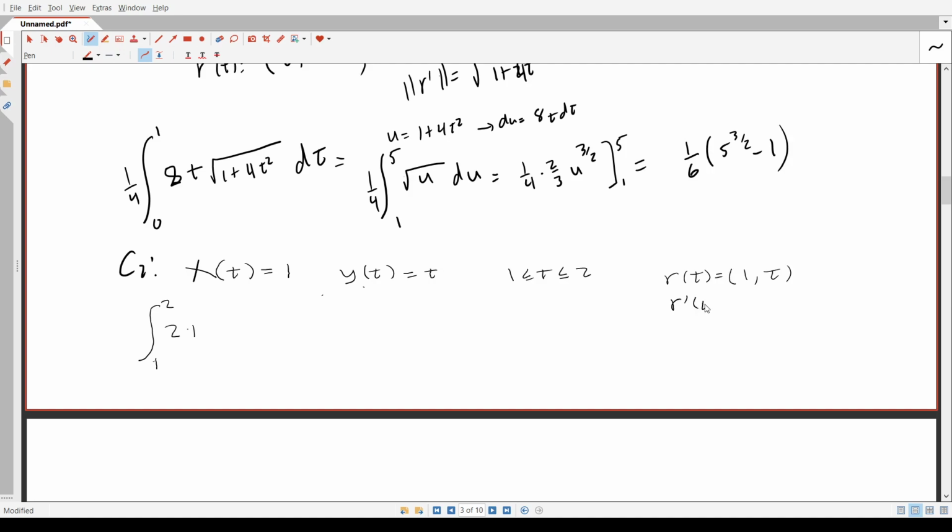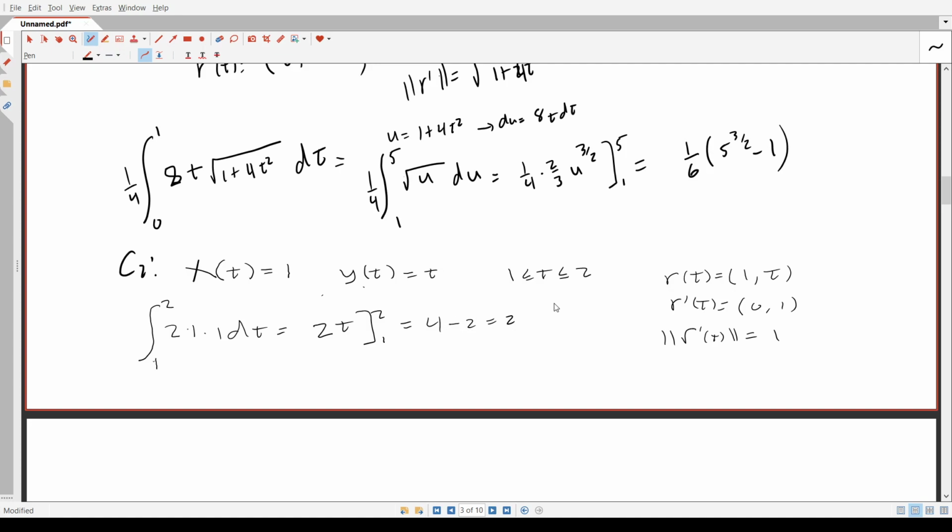So r prime of t is going to be (0, 1). So the norm of r prime is just going to be 1. So here I multiply by 1 dt, and we get 2t from 1 to 2, which is 4 minus 2, which is 2.